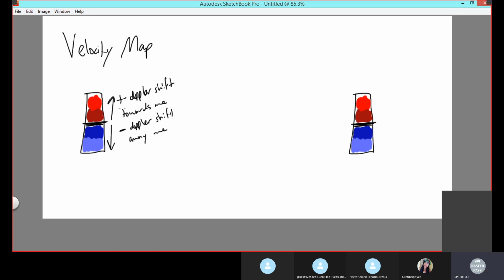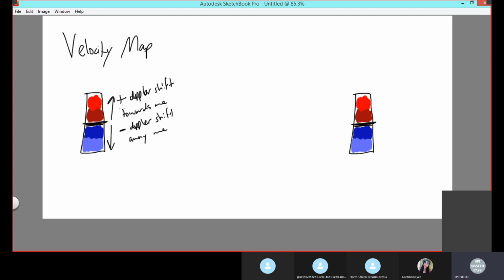So whenever you see a vessel and there's color in it, you look at your velocity map. Your velocity map is your key. This is the one that decides what goes in that color box, okay? Not the other way around. So you look at this, you see what each color means, and then you go back to the vessel and say, okay, now I confirmed what this color meant.